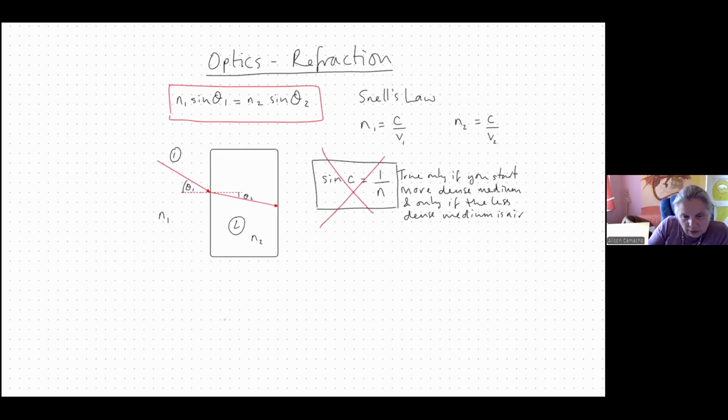Normally when we're measuring critical angle, we do it with one of these semicircular blocks, a D-shaped block, don't we? We aim our ray at the middle of the back of the block, and we go through the block. So we end up going in like this all the way through.